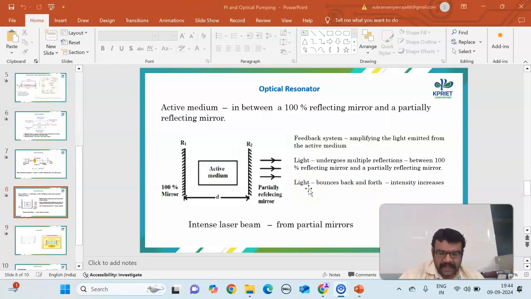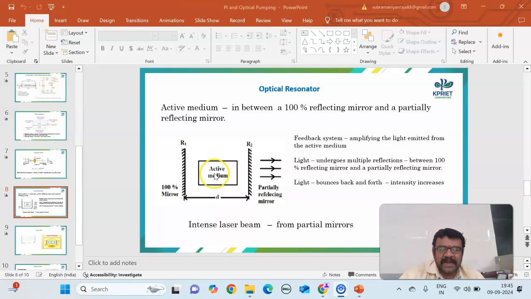So this is about the optical resonator. Once your laser light output starts initially coming out of the system, what will happen? This is the active medium which is placed in between the 100% reflecting mirror and partially reflecting mirror. This is a feedback system. Here it amplifies the light emitted from the active medium.